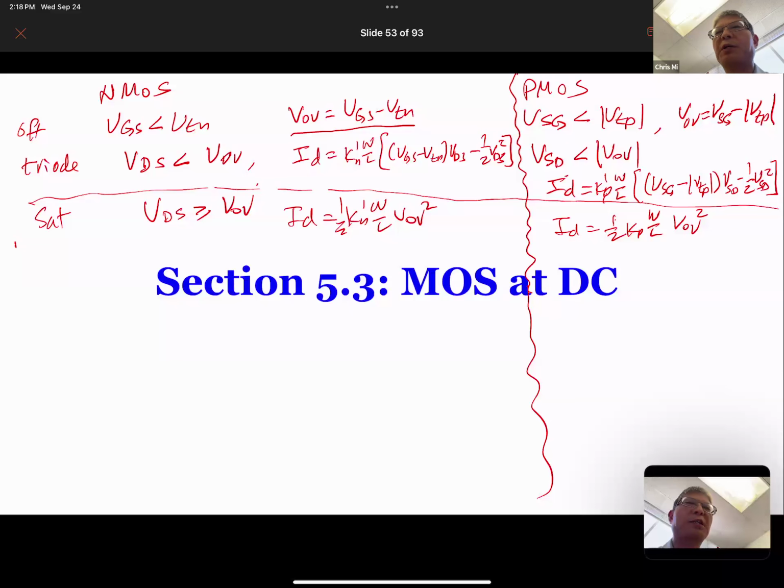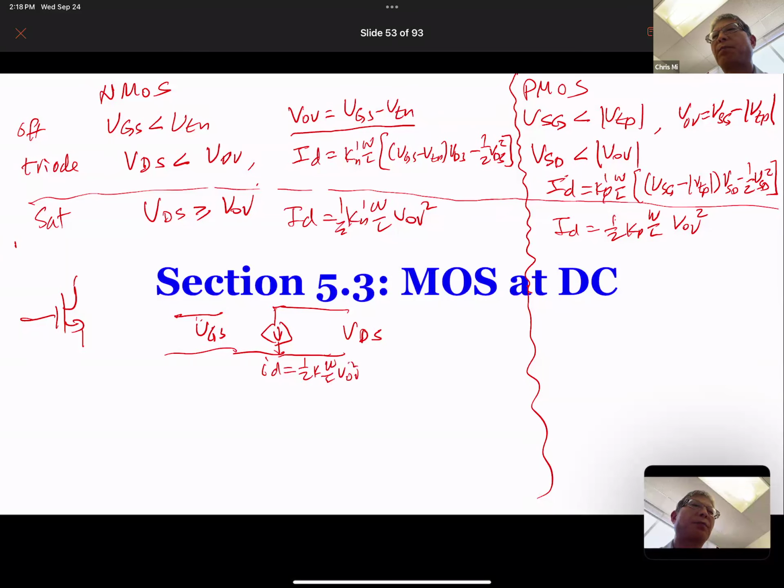In terms of equivalent circuit, that's the symbol, and the equivalent circuit depends on whether you consider the perfect situation or non-perfect. In the perfect situation, you have VDS in relation to VGS, and you have ID equal to 1/2 K times W over L VOV squared.